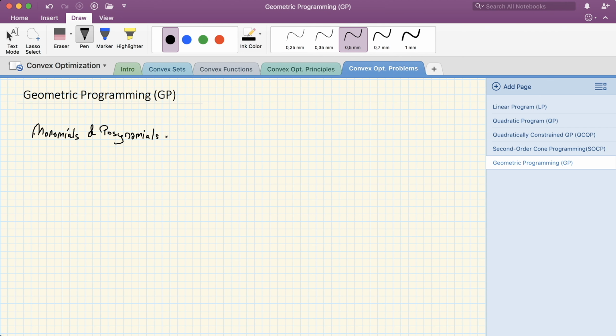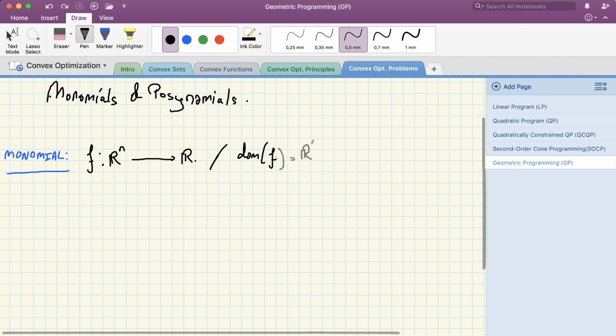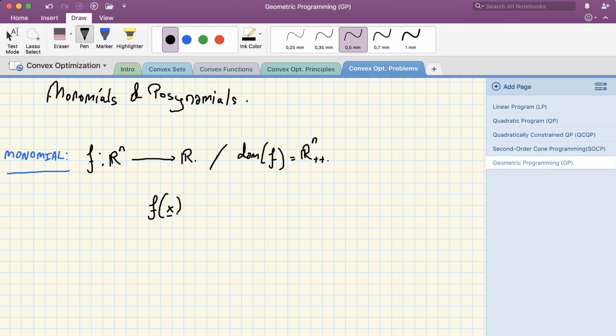monomials and posynomials. Monomials are functions that take in a vector and return a scalar such that the domain of f is in R^n_++. And the function takes the following form. So if x is my vector and x is composed of components such as x1, x2 down to xn, then a monomial would look like this.